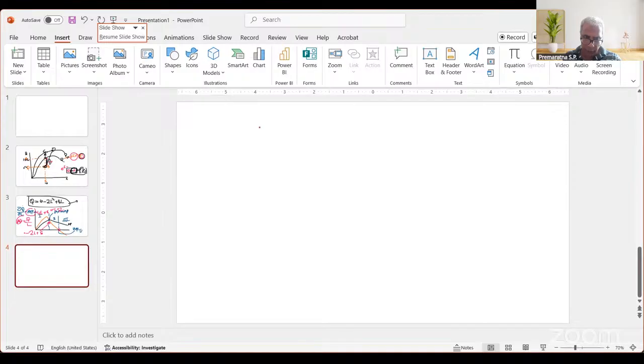If you look at Q as the total product, to find the average product you do Q divided by L. How to find the marginal product?